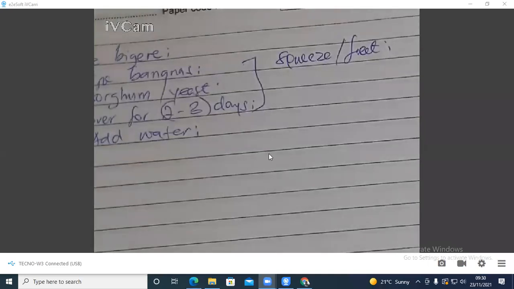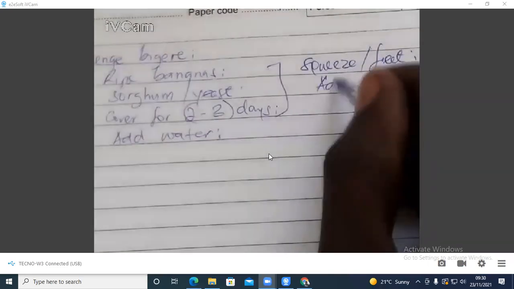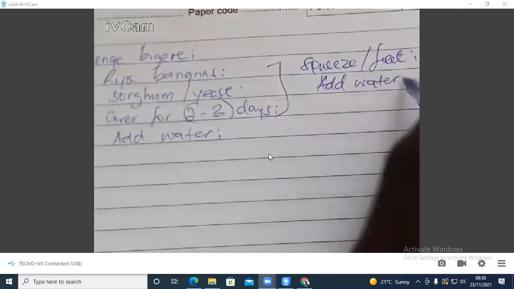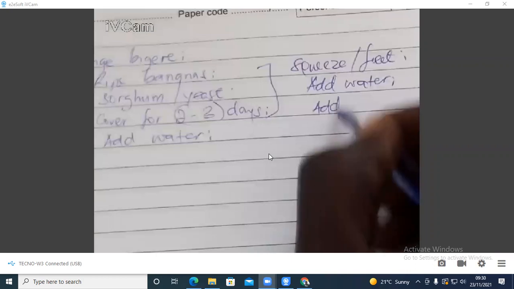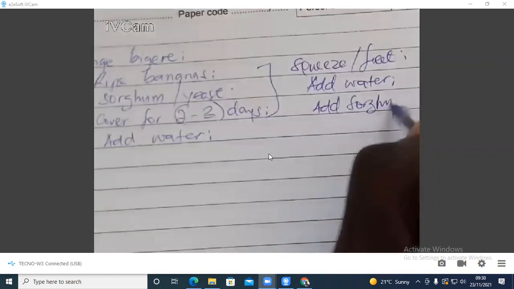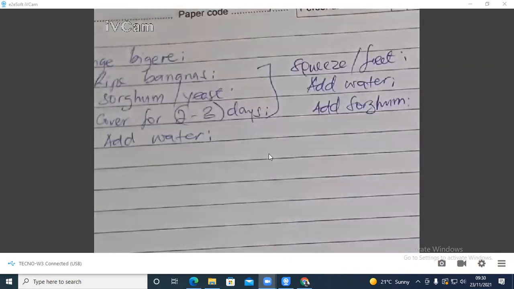Then you add water, and after that you add the sorghum. Now this sorghum, is it the one that is ground or not? Is it sorghum flour? Sorghum flour.